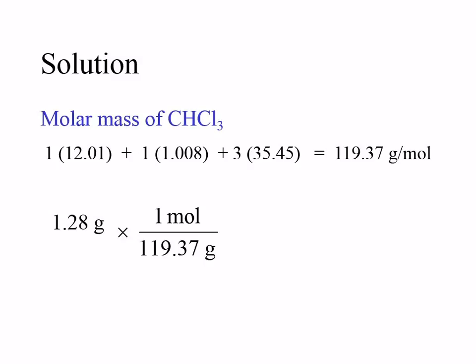So grams cancel, we have units of moles, which is perfect. How many sig figs do we need to round to? 3. Yep. Very good. Did you get this? 0.0107. Units, of course, would be moles.